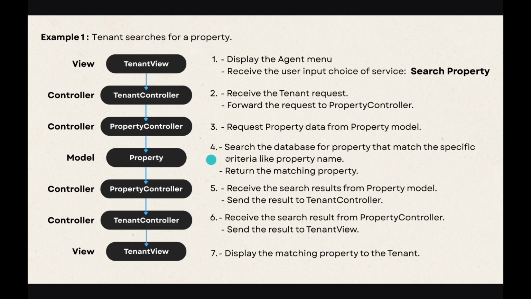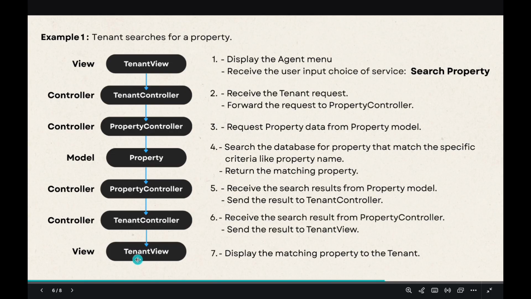The property module searches the database for properties that match the specific criteria, like property name, and returns the matching properties to the property controller. The property controller receives the search result and sends the result to the tenant controller, and the tenant controller sends it to the tenant view. The tenant view displays the matching properties to the tenant.